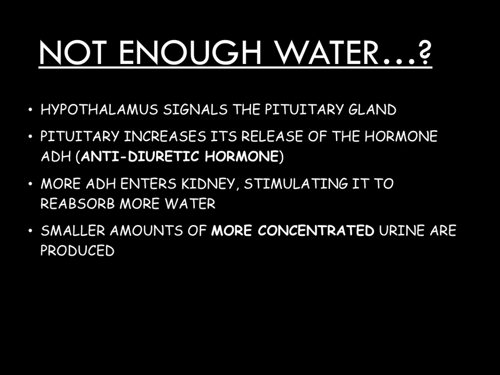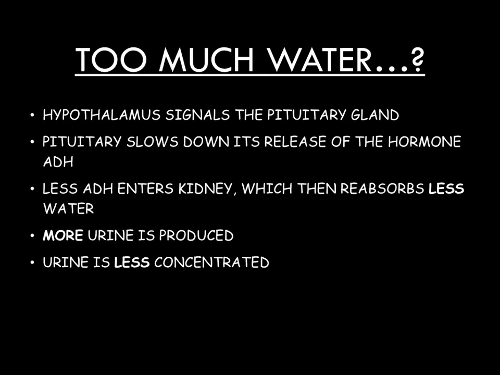So, in summary, when there is not enough water, the hypothalamus will signal the pituitary gland, which will increase its release of ADH. More ADH enters the kidney, meaning it will reabsorb more water. This means that we get a smaller amount of more concentrated urine being produced.